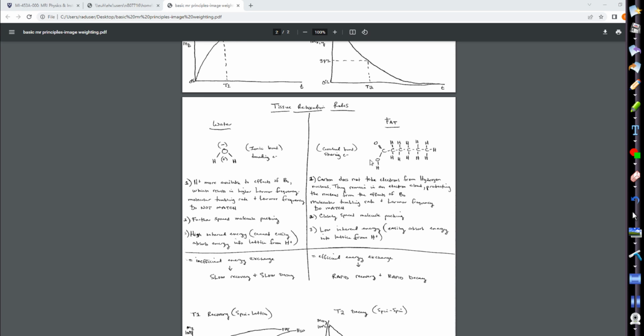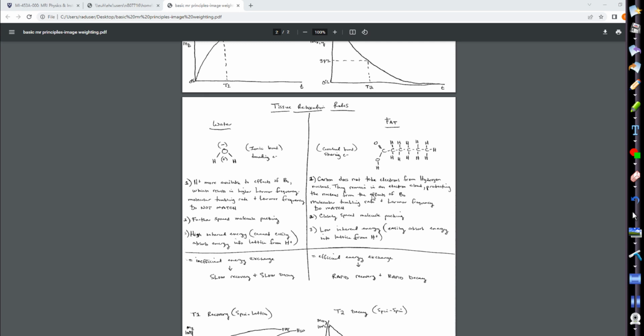Fat, on the other hand, the hydrogen here, they're sharing the electrons with whatever they're attached with, carbon, oxygen. So it's a covalent bond versus an ionic bond. And so they're not as available to the effects of B sub 0. They precess a little bit slower than water.